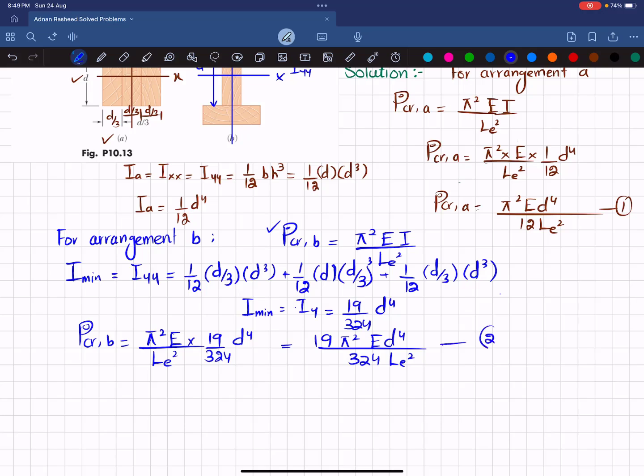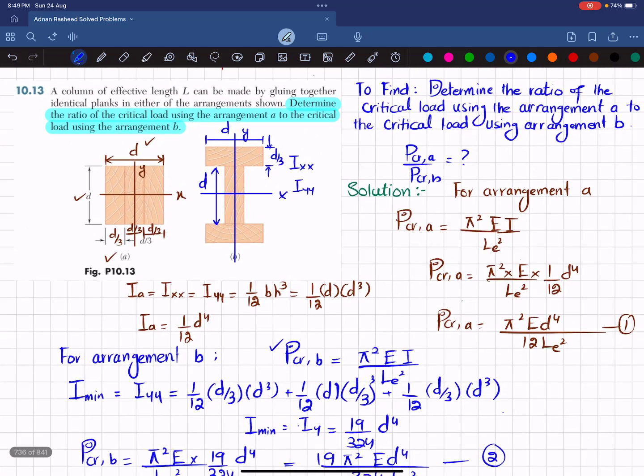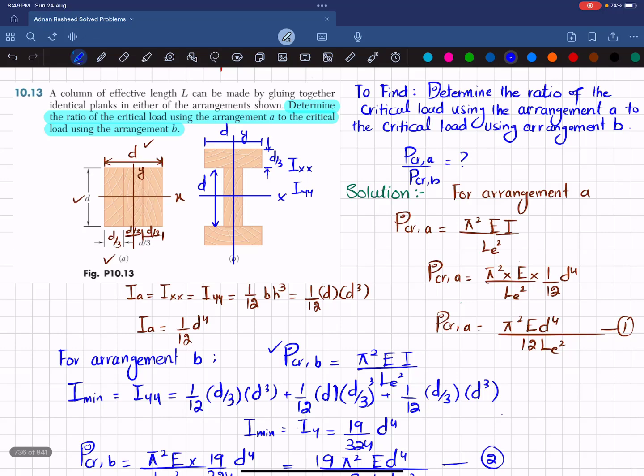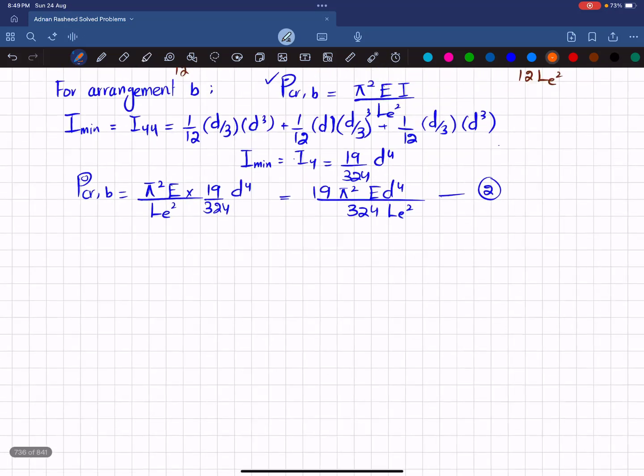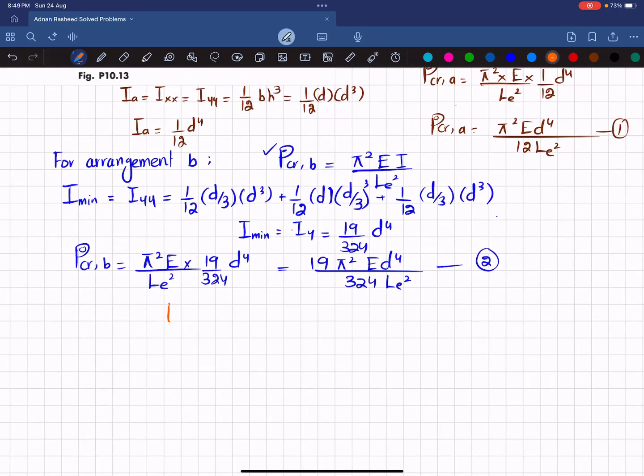So this is your equation 2. Now it has been asked to find the ratio of the critical load of arrangement A to the critical load of arrangement B. So what we will do is divide equation 1 by equation 2.